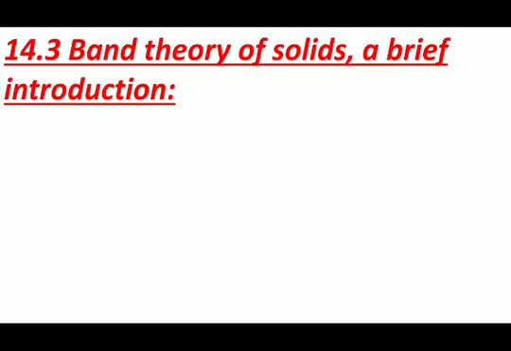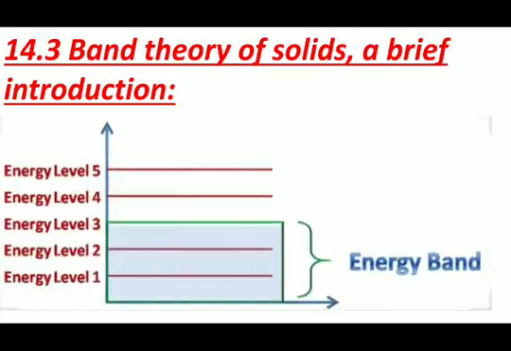Next, we have the band theory of solids, a brief introduction. First of all, let's see what the band theory of solids is. Basically, we begin with the way electron energies in isolated atoms are distributed. According to the Bohr atomic model, in an isolated atom, the energy of any electron is decided by the orbit in which it revolves.